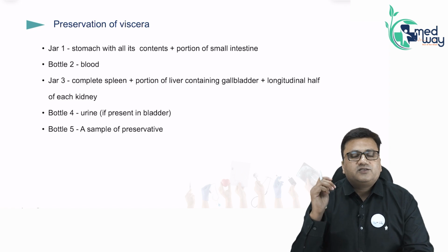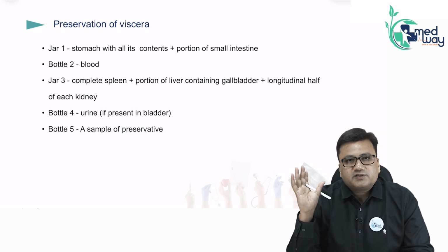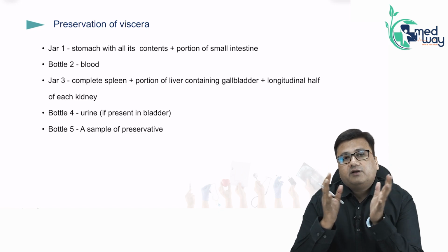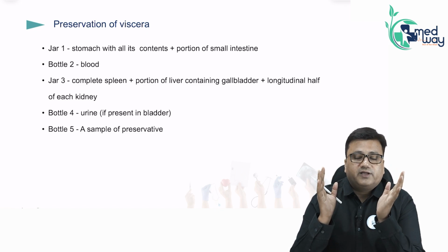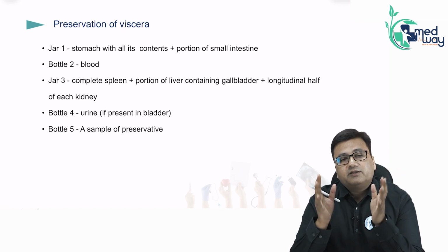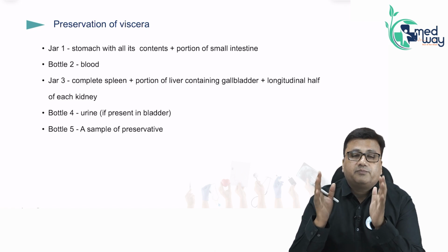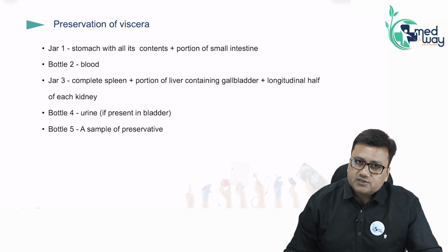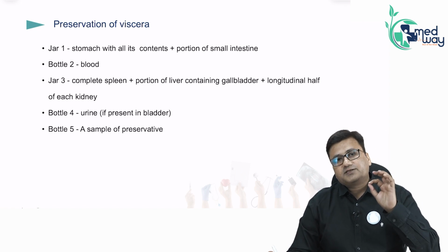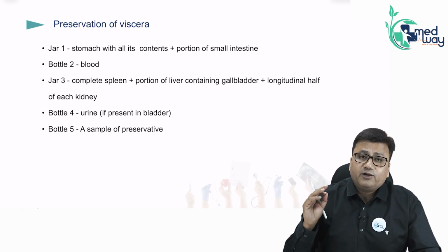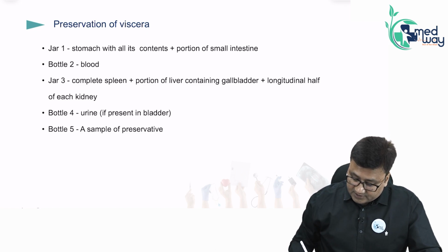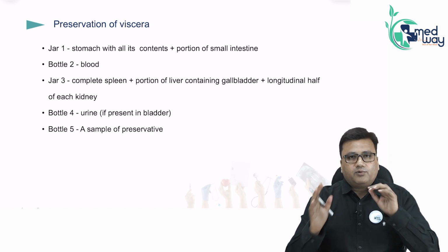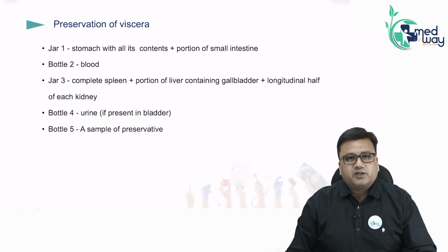Okay, let us now talk about preservation of viscera. We have already talked about it earlier that whenever there is a confusion that the cause of death is not apparent in the gross finding, we preserve viscera to rule out poisoning. So, when we say we preserve viscera, what exactly do we preserve? We preserve three important pathways of the body.